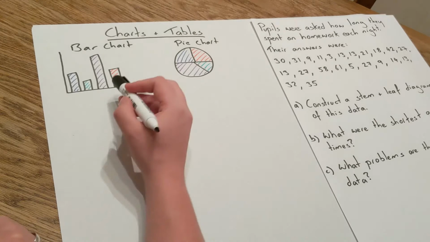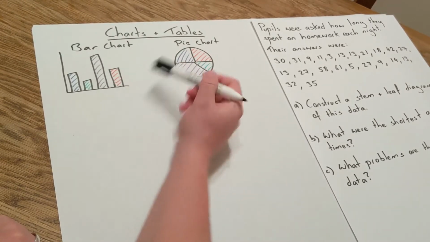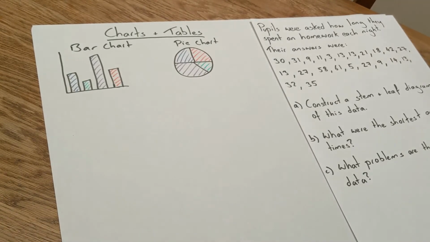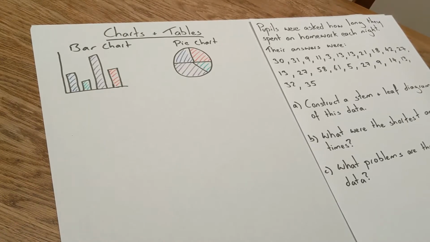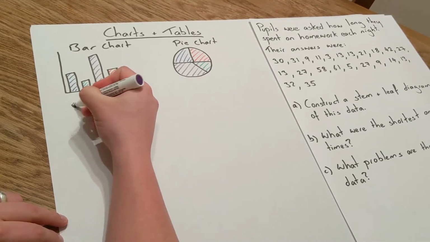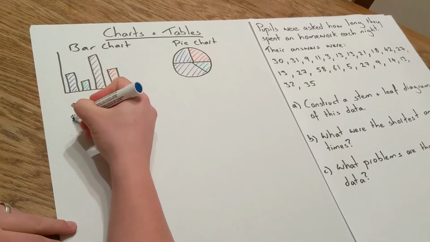So here, if we look at both of these, we know that whatever is represented by the colour purple, there's more of that than anything else, but we don't know what that colour purple means because there's no key. So let's say then that these two charts are representing people's favourite sports.